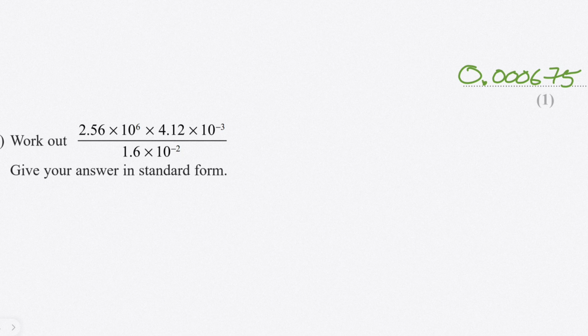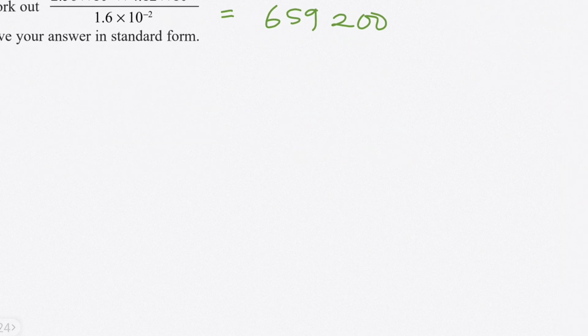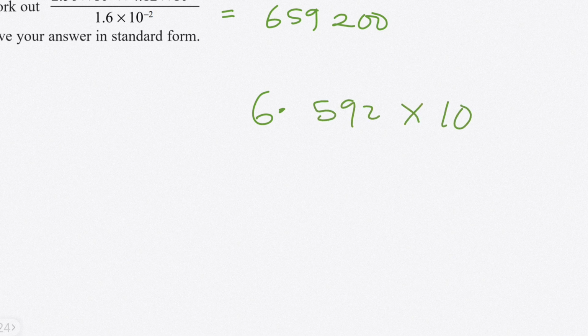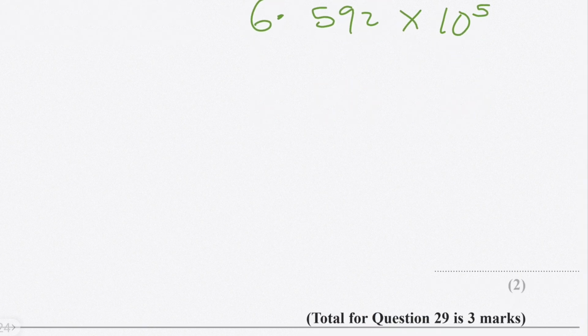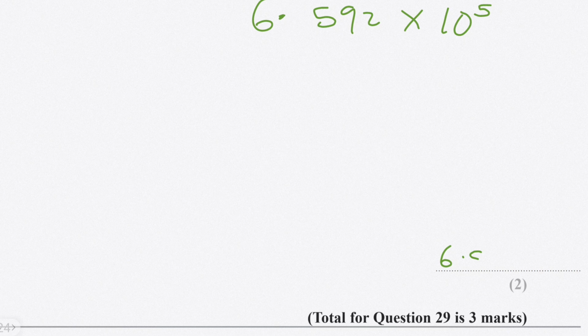You can just do that in the calculator. That gives us 659,200. So in standard form, our answer is 6.592 times 10 to the power of 5.